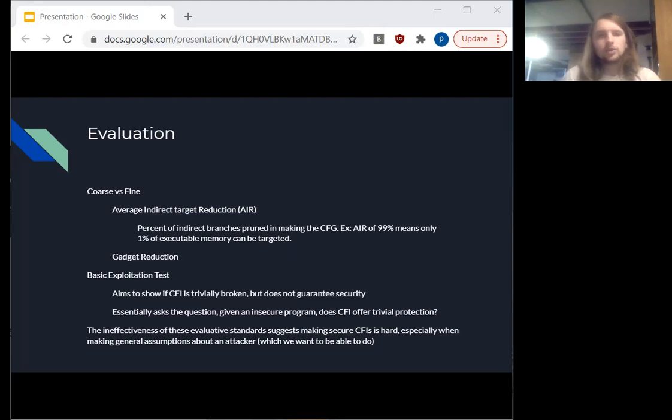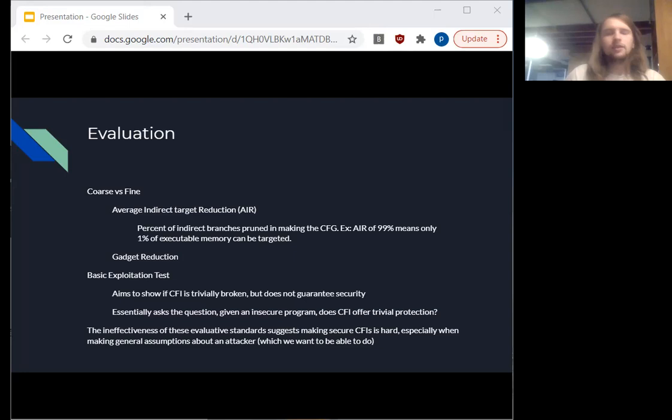And likewise, we have a similar thing with gadget reductions, which we were familiar with from the RET to libc and RET to RET labs, where essentially what we were doing is seeing where in the code, if we could control where the return pointer goes, we're able to prevent it from going to places where we can do some useful instruction and then go to a return statement, lowering the number of gadgets available. Right? That is, do some assembly instruction and then return.